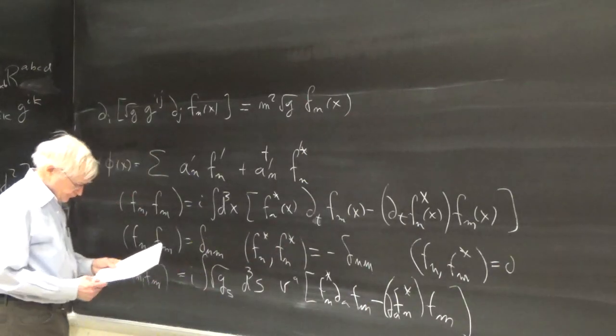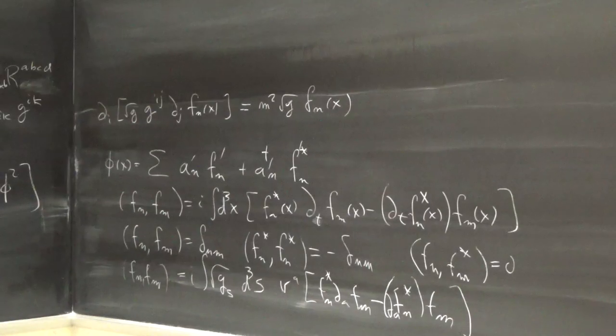Can I ask a quick question? Yeah. Yeah, so I don't know, maybe I'm thinking of this wrong, but these FNs, I'm thinking of like super simple case. We could think of them being like e to the ikx. Yeah. Right? Okay, well, in that case, Fm star, isn't that f of minus m? Yeah.